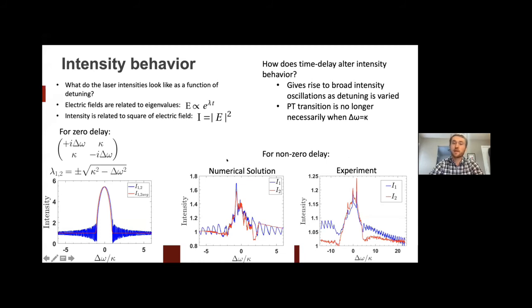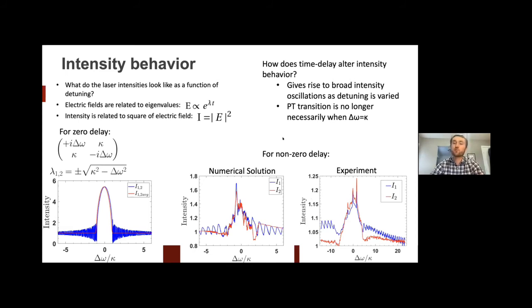These are both for some non-zero delay. And strikingly, the intensity profiles resemble the zero-delay case, even with all the added complexities. There's bounded intensity behavior when the ratio of delta omega to kappa is greater than about 1, then divergent intensity behavior when that ratio is less than about 1, and then again, on the other side, when the ratio is greater than 1, I go back to bounded intensities.